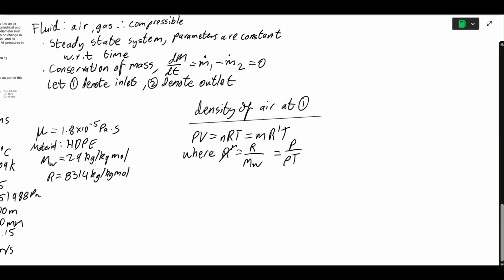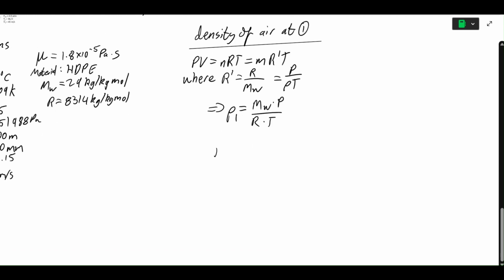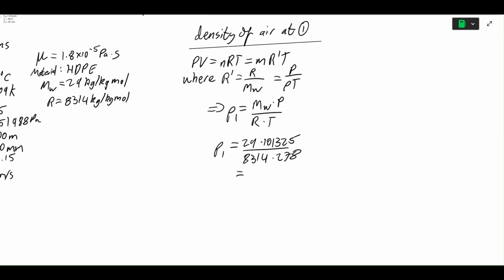We don't need that, and we can just rearrange these two terms here. So we can write density is equal to molecular weight times pressure over the ideal gas constant multiplied by temperature. So rho 1 is equal to 29 times 101,325 over 8314 times 278, which should be like 1.27 or something like that.